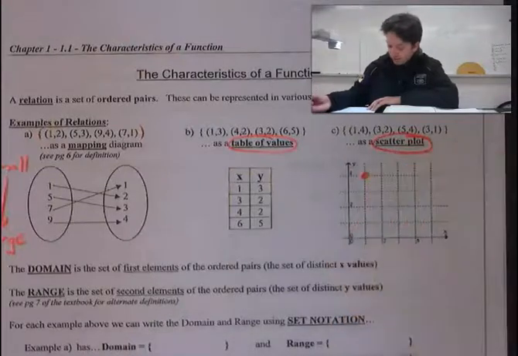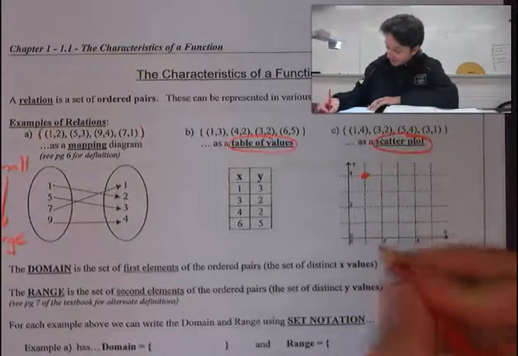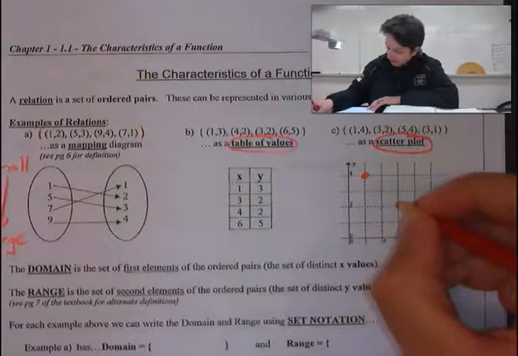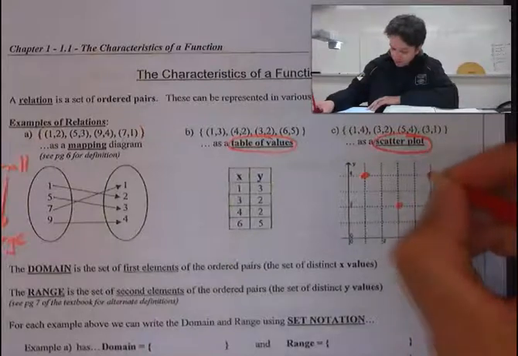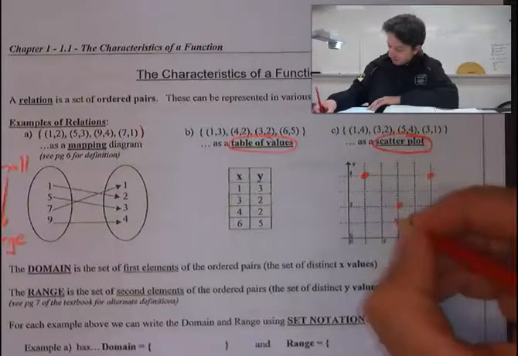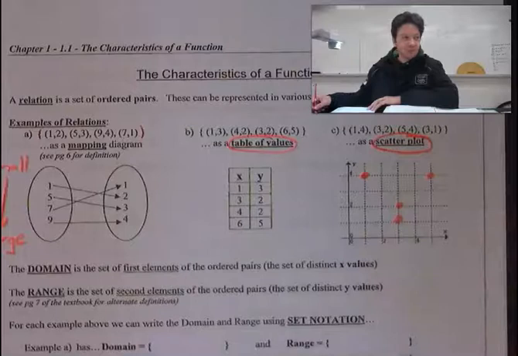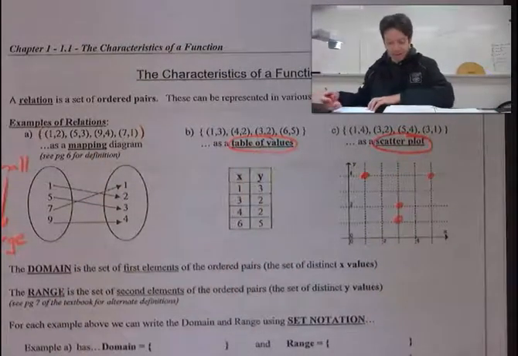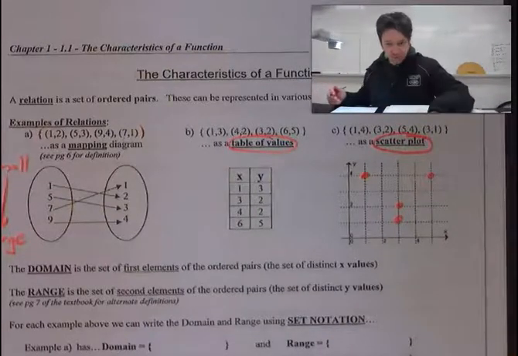There's your first point. 3 and 2 is your next point. 5 and 4, and then 3 and 1. So these are three different graphical ways that we can show a relation. Let me just pause it there.